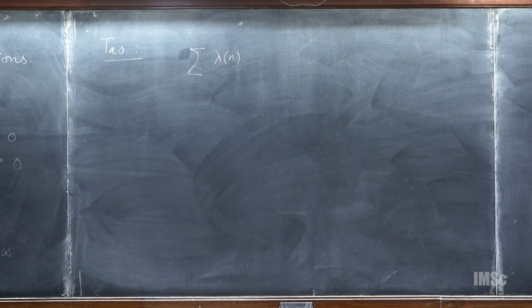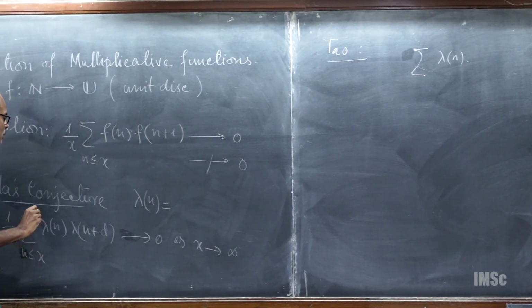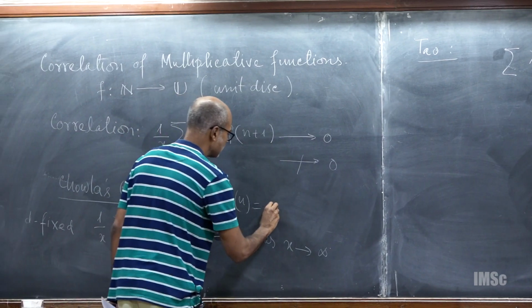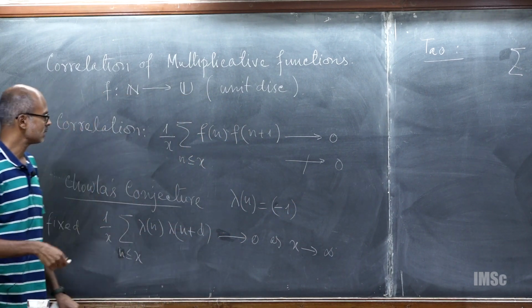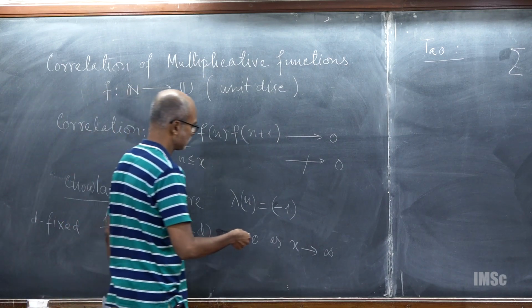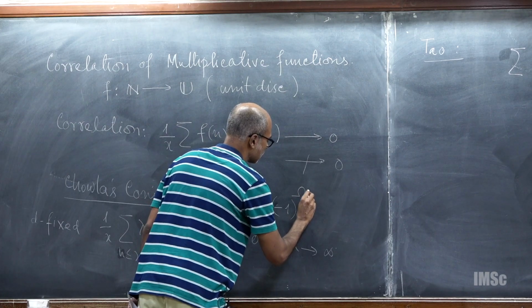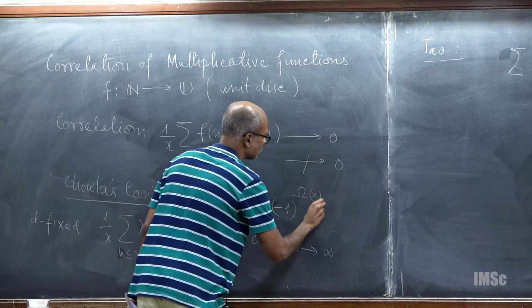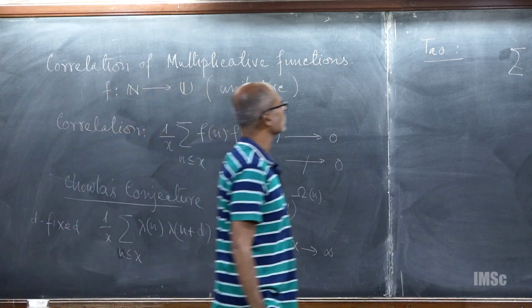Just to keep it self-contained, I will also define this function: it is minus 1 to the power of the number of prime factors of n counted with multiplicity, usually written as omega of n. That's the Liouville function.